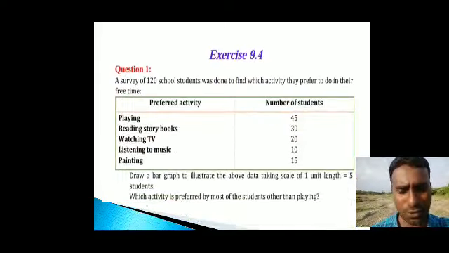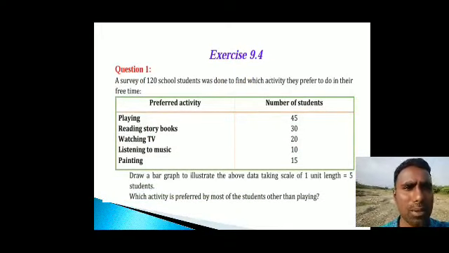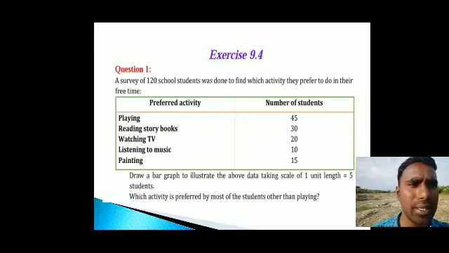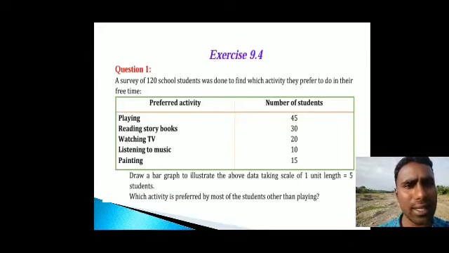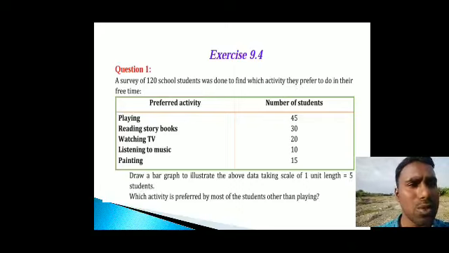exercise 9.4. What is that problem? A survey of 120 school students was done to find which activity they prefer to do in their free time. So: preferred activity, number of students. In one column they gave the different kinds of activity, and in the next column the number of students who participated.